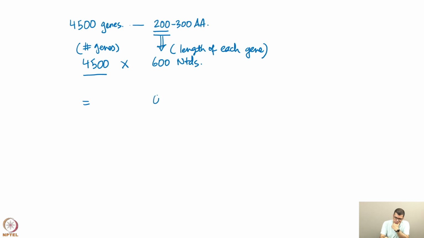And this is 4 zeros here, and 6 into 5 is 30, and 24, 27. This is something like 3 into 10 power 6.